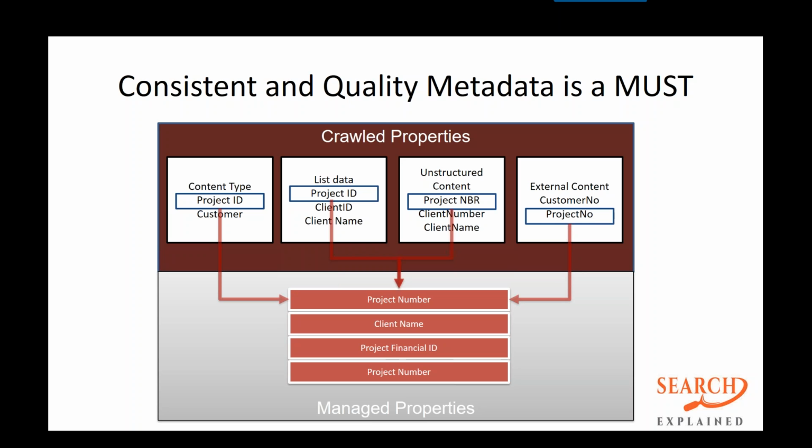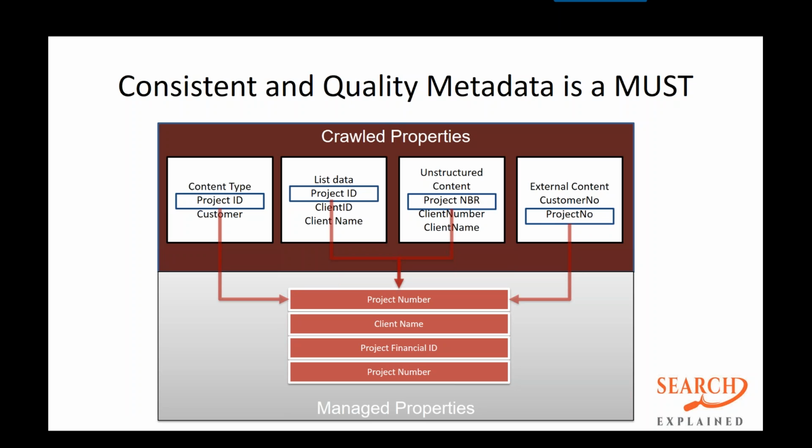And each of those crawled properties has its name based on the property name in the source system. In this case, you can see that we have project ID in the first 2 cases, but in the third one we have project number, and in the fourth one we have project NO. Each of those properties represents the very same thing, the ID of the project.